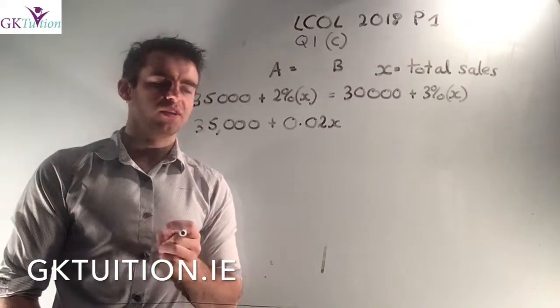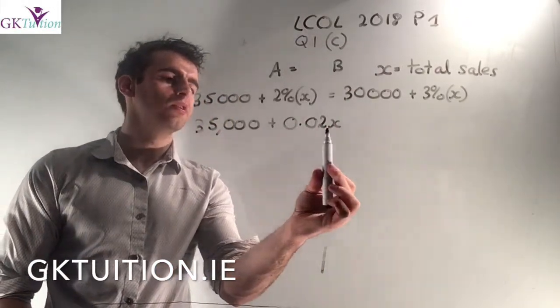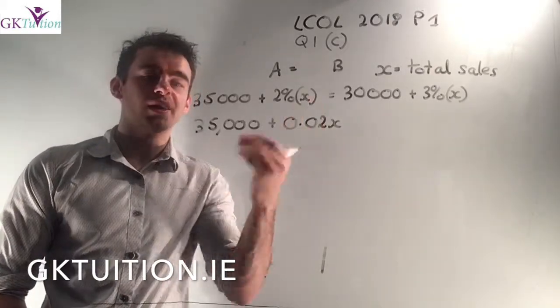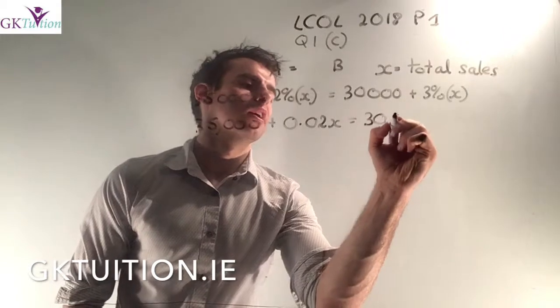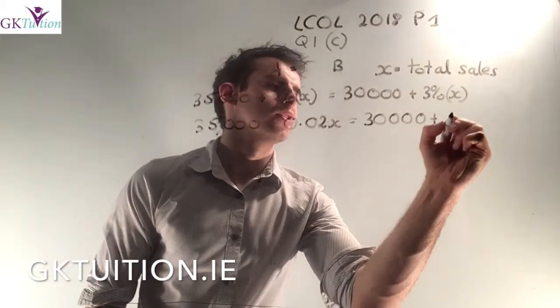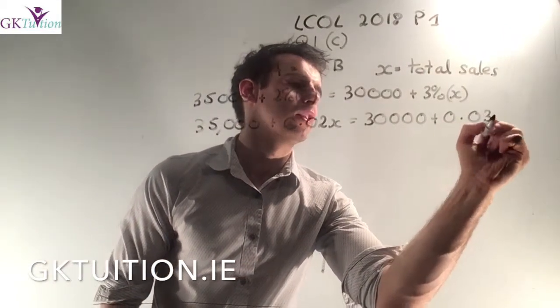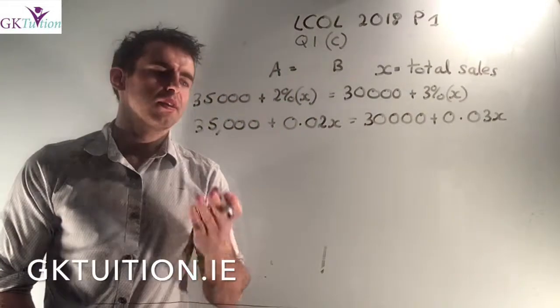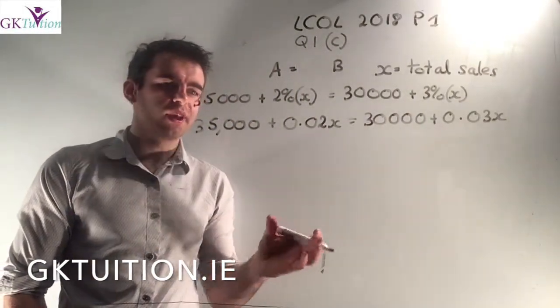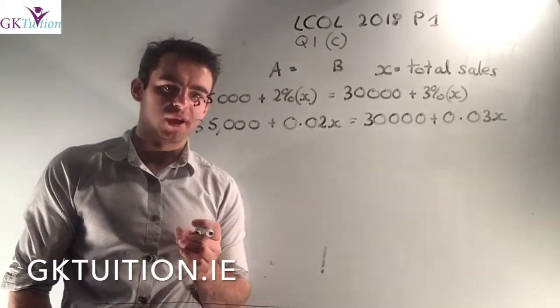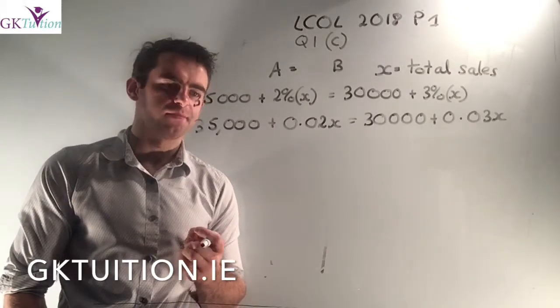Mathematically, that's just an easier way to deal with it. 0.02 times X is the same as getting 2% of X. And if I do that on the right-hand side, it becomes 30,000 plus 0.03 times X. Now I've got one equation, I've got one unknown. We've no immediate complications, so it's going to be relatively straightforward for us to find the value of X.